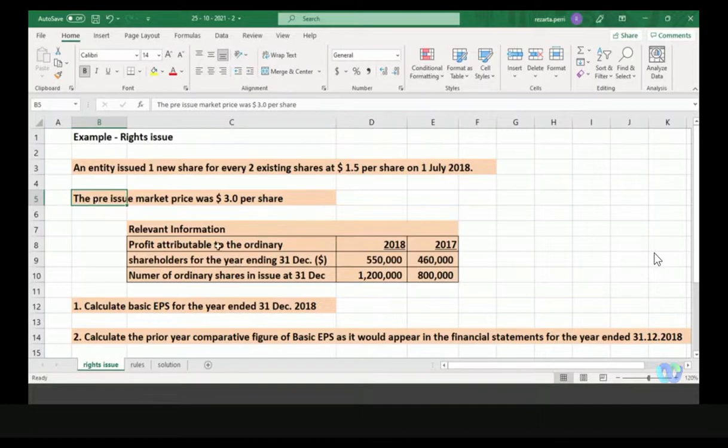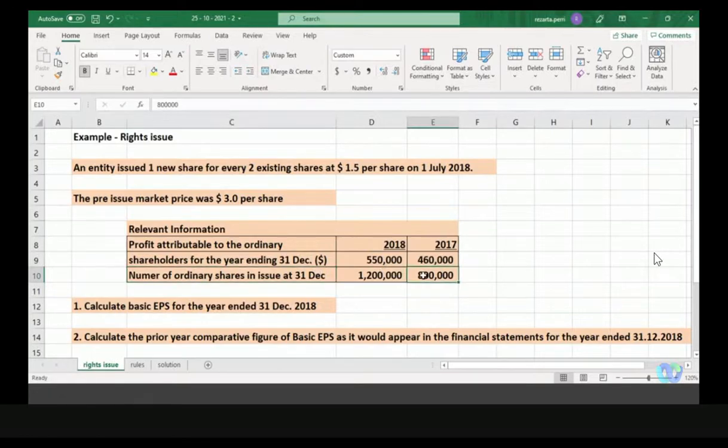We have some information that is relevant and necessary for 2 years. The profit available to the ordinary shareholders for the year ending on 31st of December is what you can see here for each year. And then we have the number of ordinary shares in issue at the end of the year.